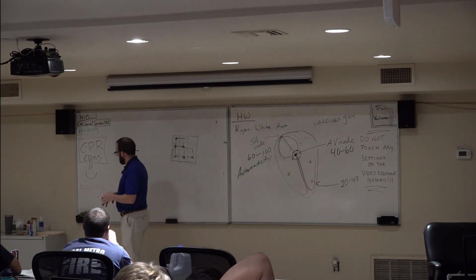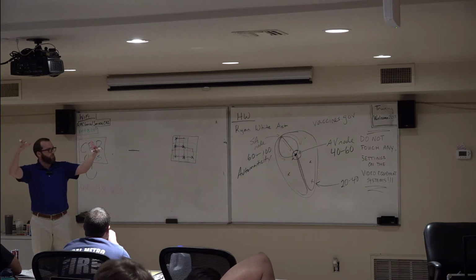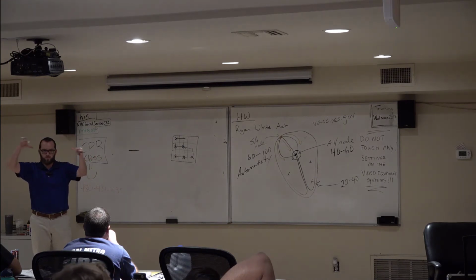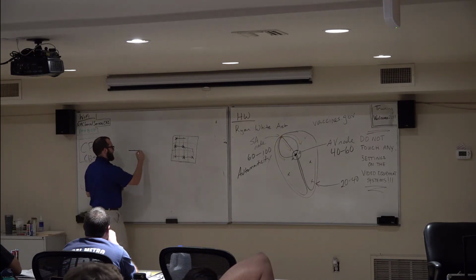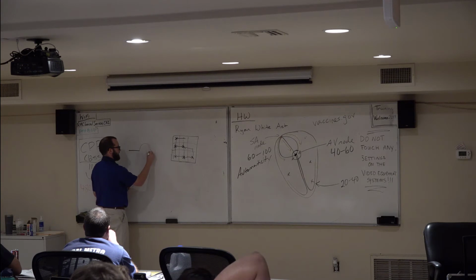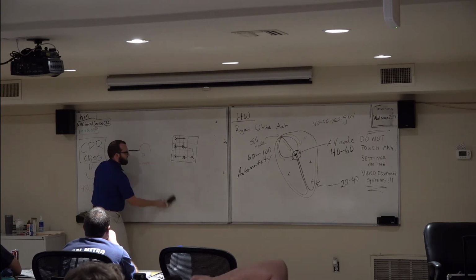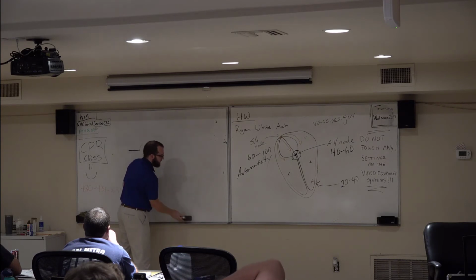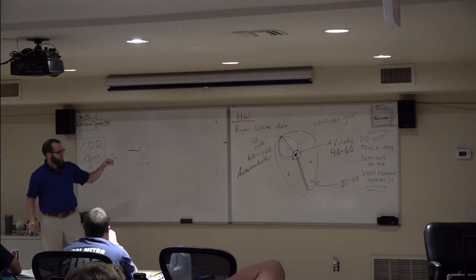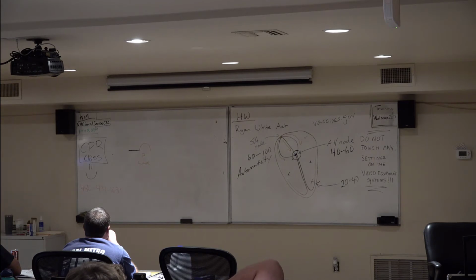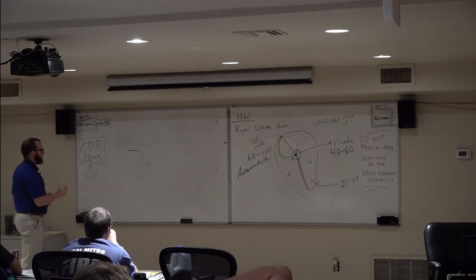As that electricity travels through the atria, that top part, you get your P wave. I'll try to color coordinate as we go. So that P wave is the electricity traveling through the atria.